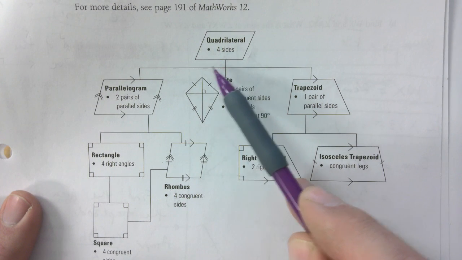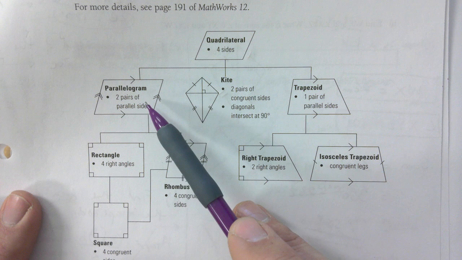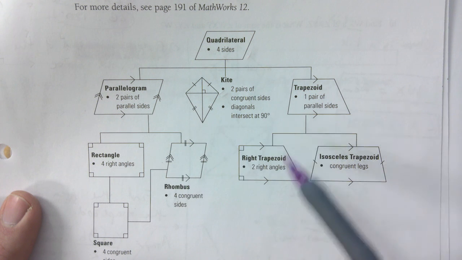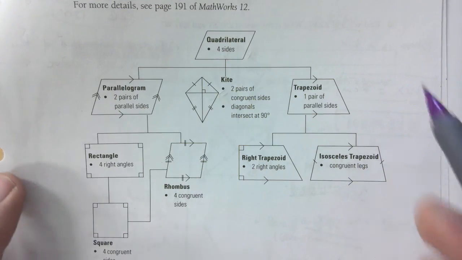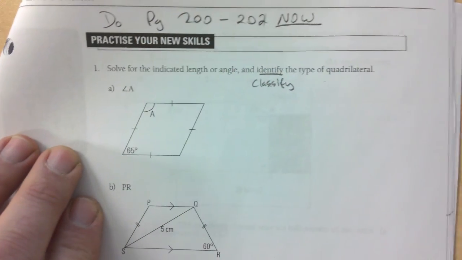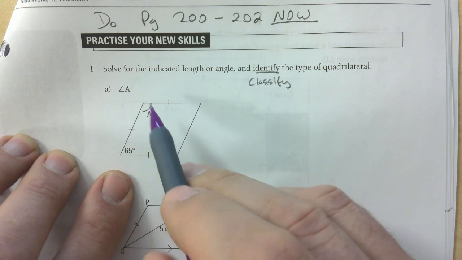Quadrilaterals, they all have four sides, then you branch off to parallelograms, rectangles, rhombus, and so forth. But I gave you my own version of this on page 190. So it's there. Just got to go look it up.